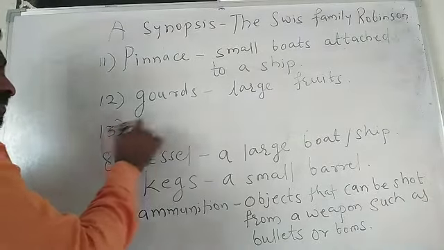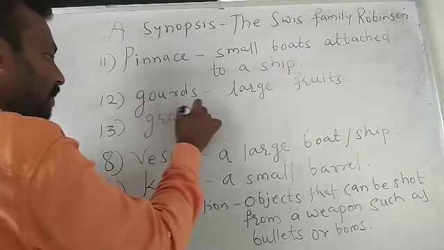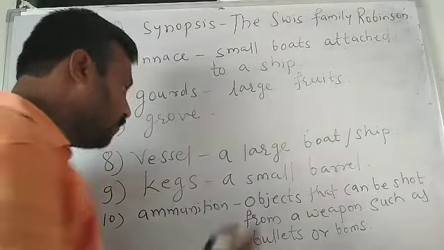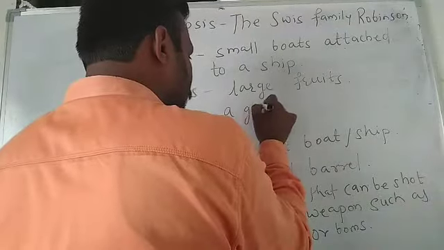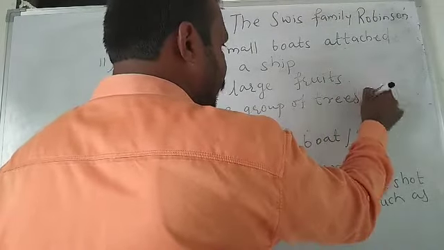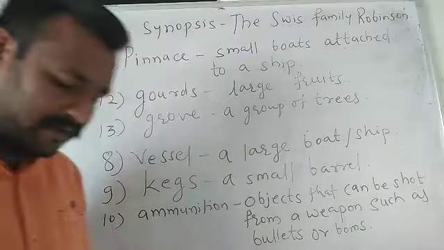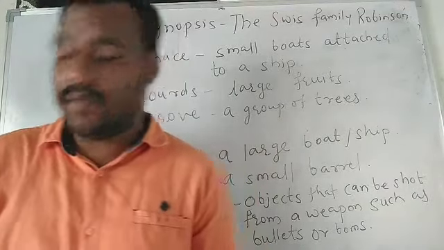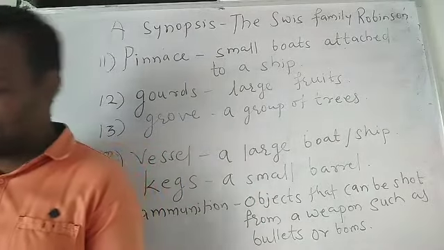And next word, that is grove. Grove of trees, everybody knows. Grove means what? A group of trees which are planted close to each other, that is called a grove. A grove of mango trees, isn't it?